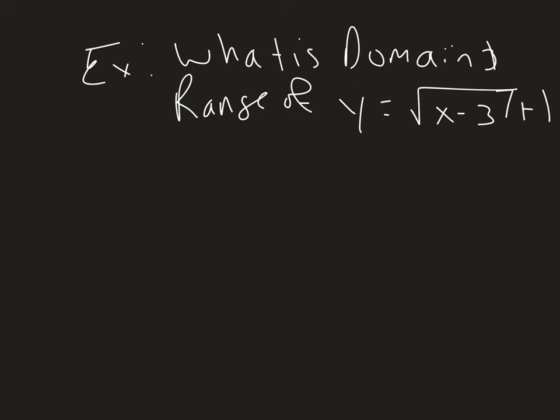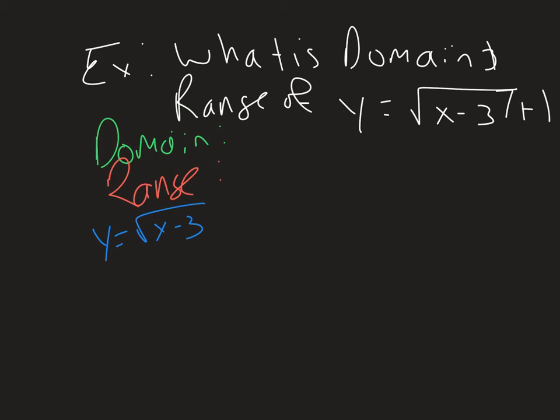So let's put this together. We'll do one example. We're asking about domain and range. I think it's easiest to start with domain, and then we can do the range. So if we're thinking about this equation, we have y equals the square root of x minus 3, plus 1 after we're done with the square root. So for domain, I need to look at just what's under the radical.